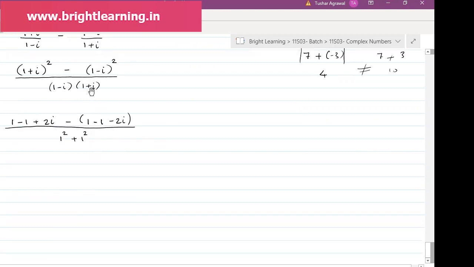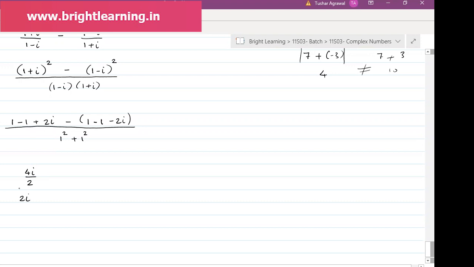Actually it is the magnitude of the conjugate, z into z bar, so magnitude of z square. So 2i minus of minus 2i equals 4i, and the denominator is 2. So z is equal to 2i.